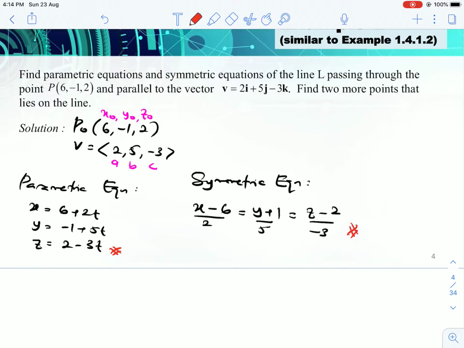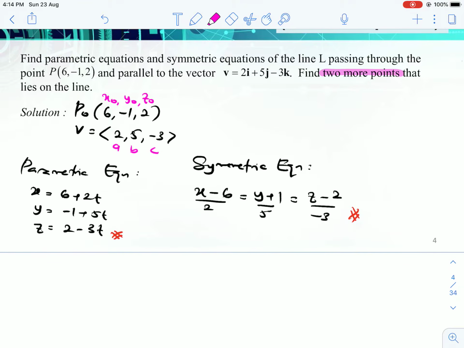Next, the question asks you to find 2 more points that lie on the line.